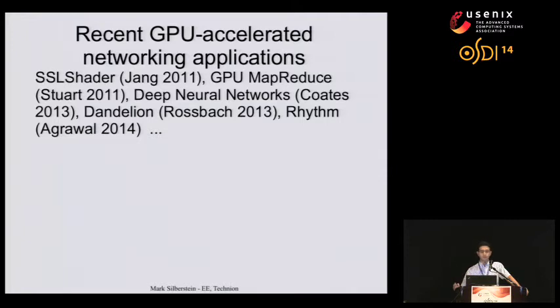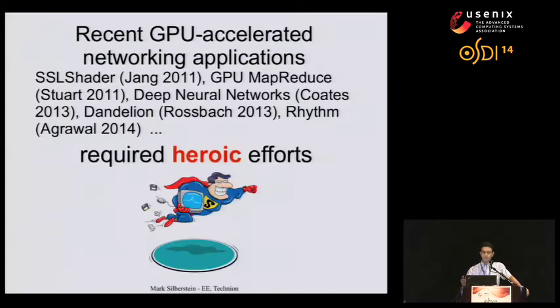There have been several notable projects that showed impressive speedups for a wide range of workloads, for example, SSL offloading to GPUs, or MapReduce on GPUs, or even training deep neural networks on a cluster of GPUs, and accelerating web servers.